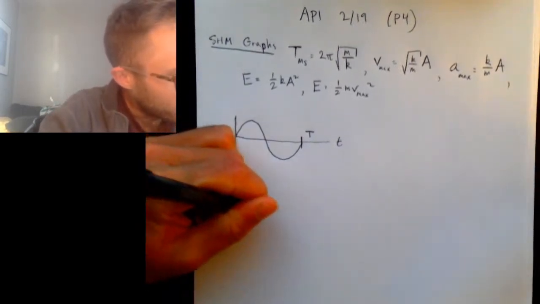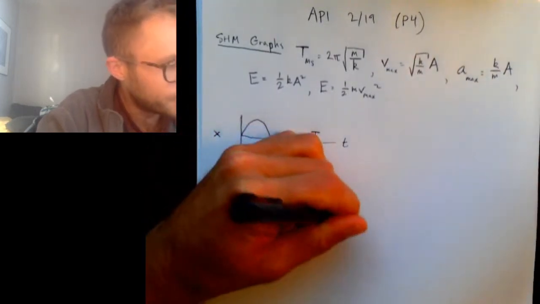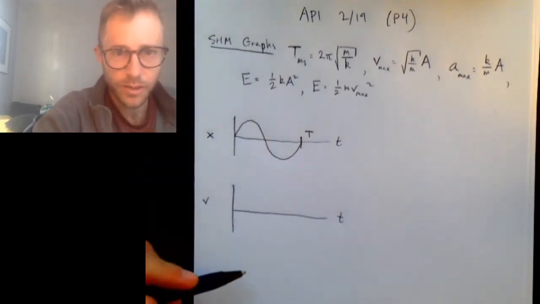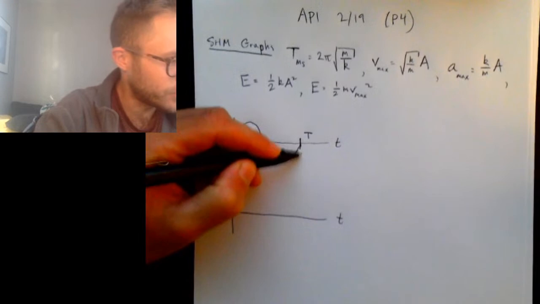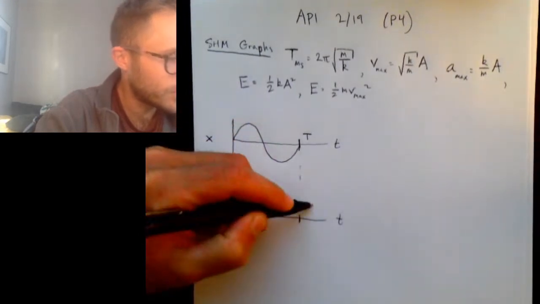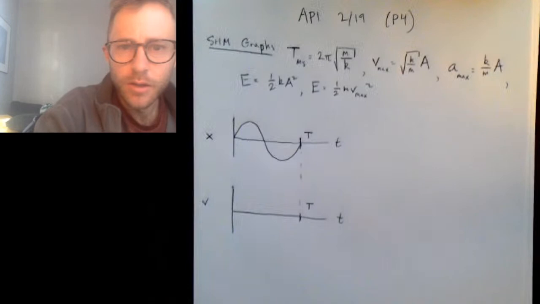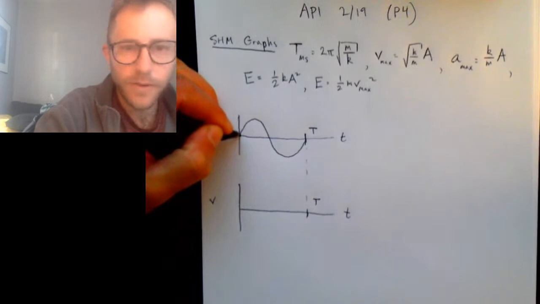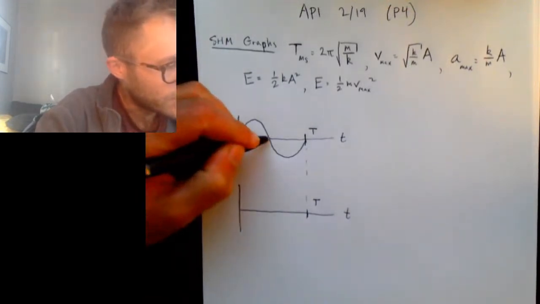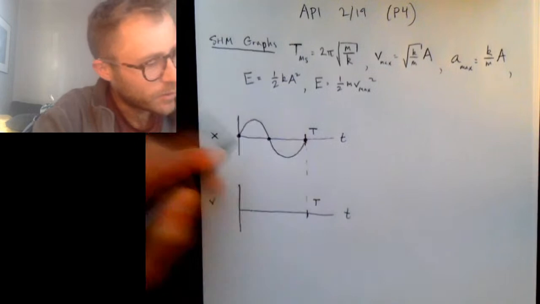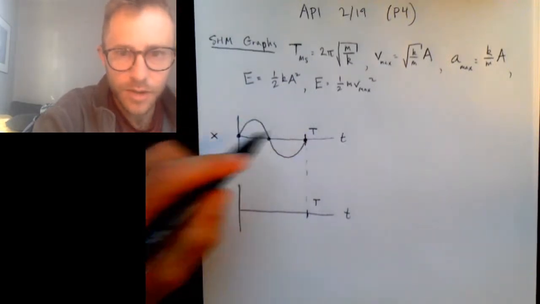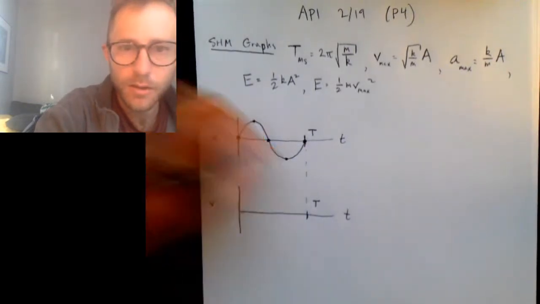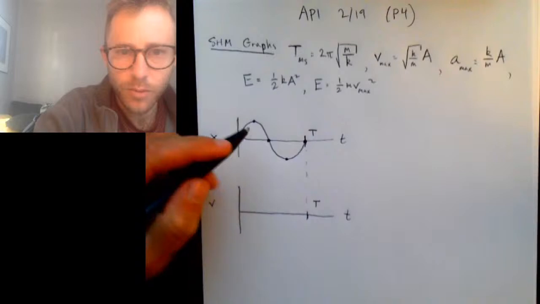Now I find it helpful to draw it directly below so that we can get the times to line up. For example, here is 1 period. Now what we're going to do is pick 5 points, where the graph crosses the time axis, and then the peaks and the valleys.